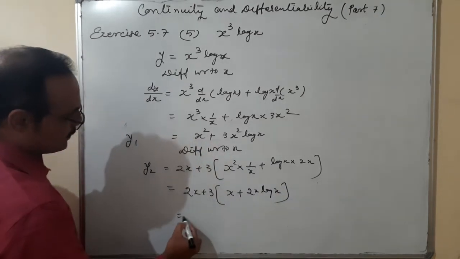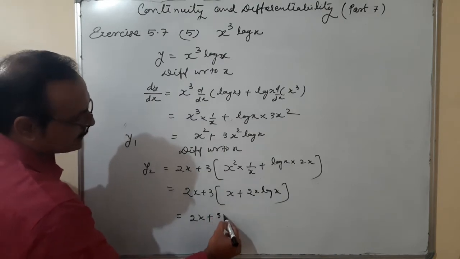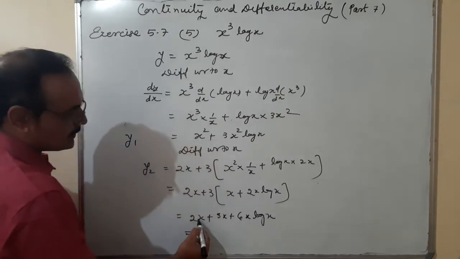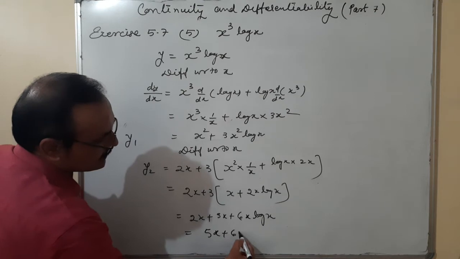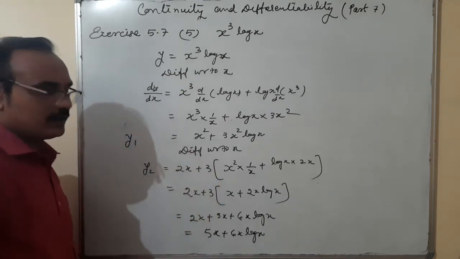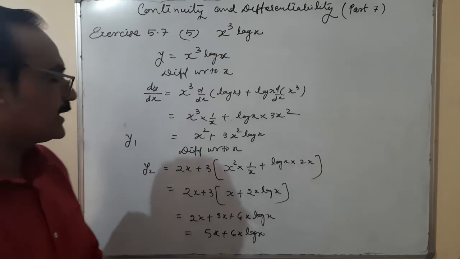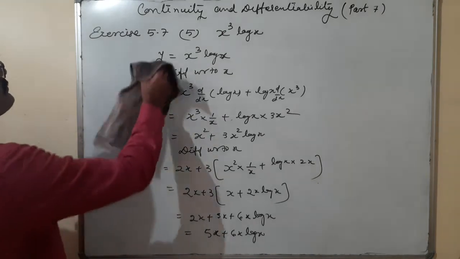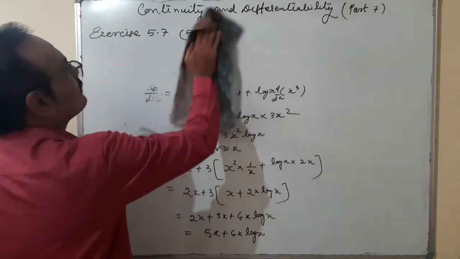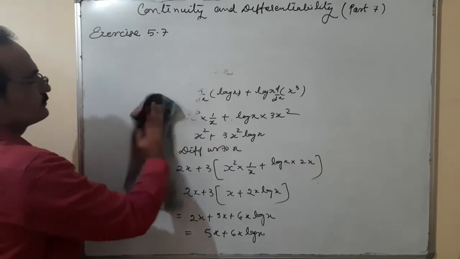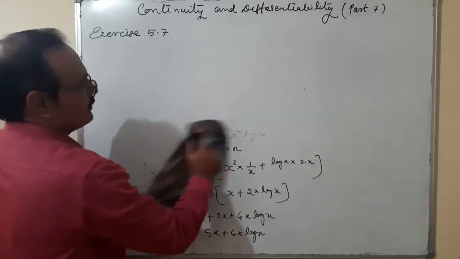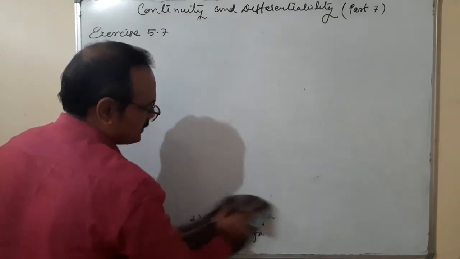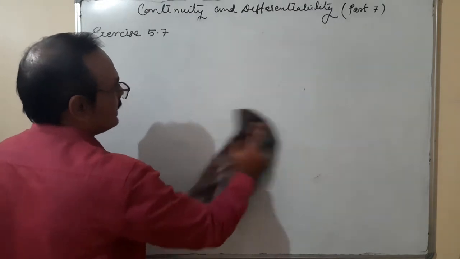When I open the bracket, 2x plus 3x plus 6x log x. Collecting like terms, 2x plus 3x is 5x, plus 6x into log x. This is the second derivative y2. I hope you can solve all the questions from 1 to 10. Here simply do the first differentiation, and after that go to the second derivative.